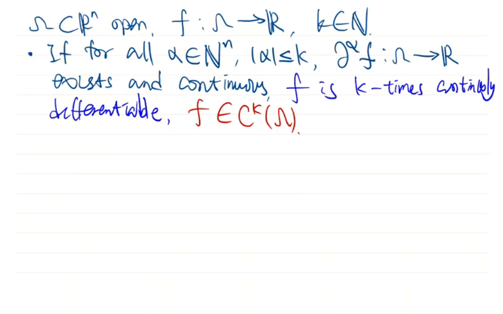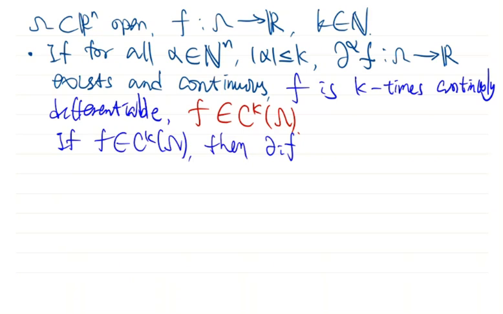So an obvious fact is that if f is C^k, then the partial derivative of f is C^(k minus 1). Okay, this is easily seen. So this is a very important terminology about the smoothness of real valued functions.